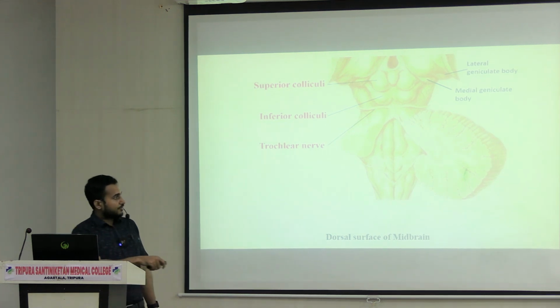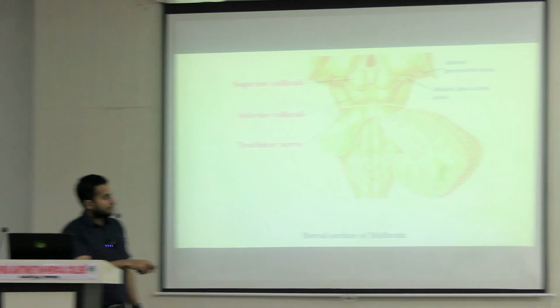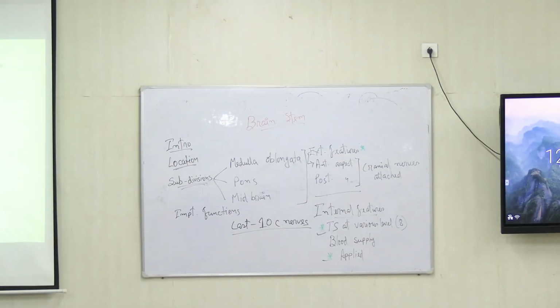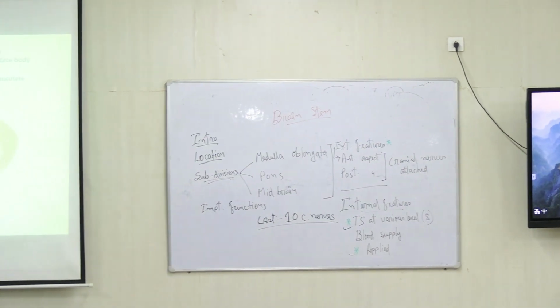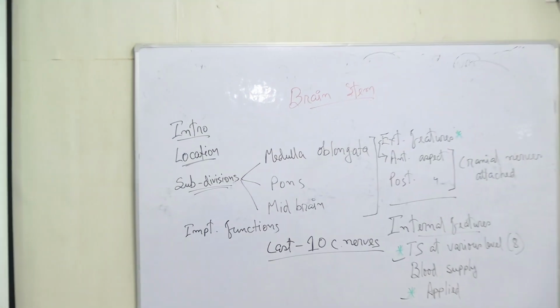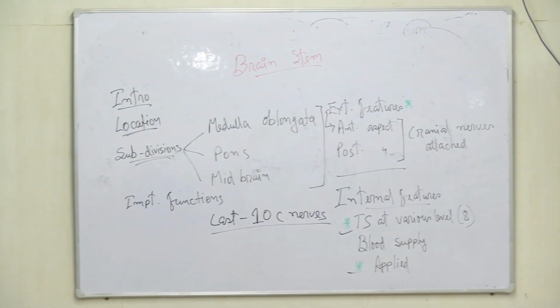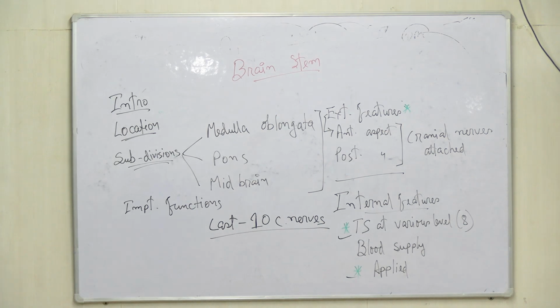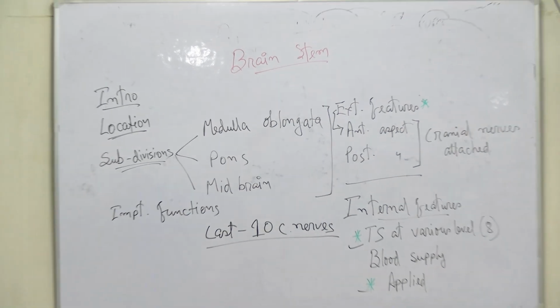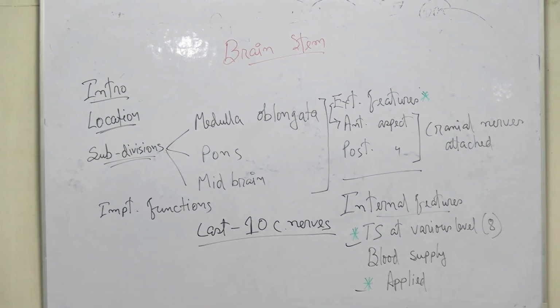So today, if you see the list, I have explained up to the external features of each and every subdivision of the brainstem. Along with that, we have seen the origin of the last 10 cranial nerves. From the next class onwards, we will be discussing the internal features. In internal features, how to study?